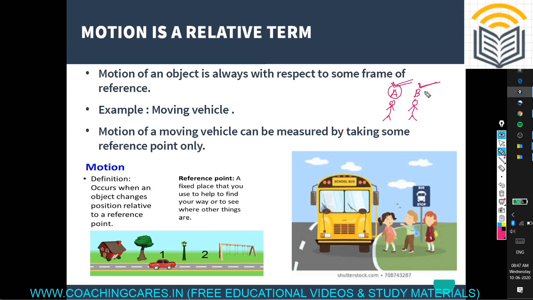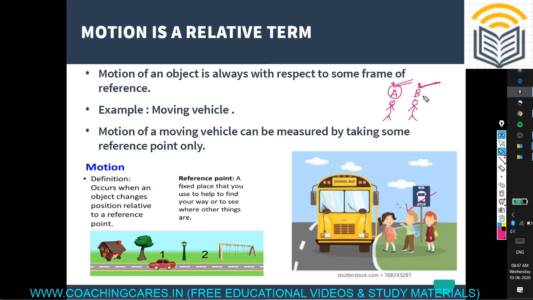But if we are considering B, and we take as the reference point this person who is standing outside at rest, will B be in motion or not?